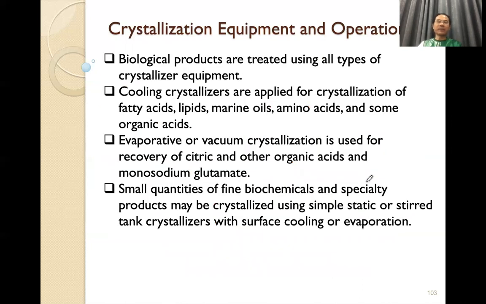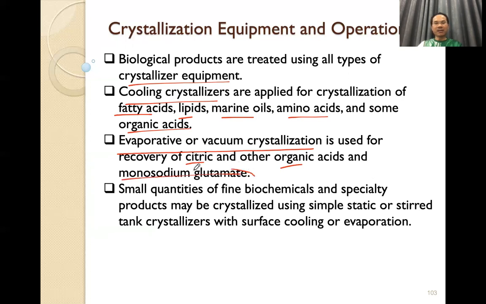Okay. In conclusion, for the equipment of crystallization and operation for biological products, we can use all of these types of crystallizer equipment. The cooling crystallizer is applied for crystallization of fatty acid, lipid, marine oil, amino acid, and some organic acid. And the evaporative crystallizer or vacuum crystallizer is mostly used for citric acid, organic acid, and monosodium glutamate.